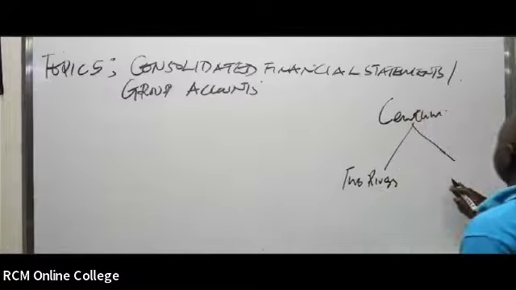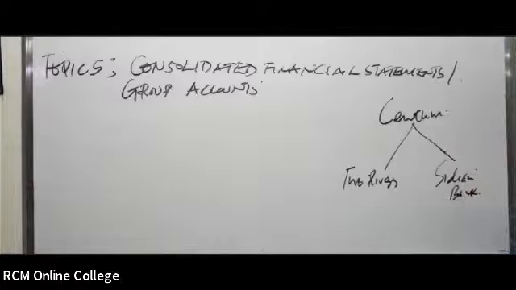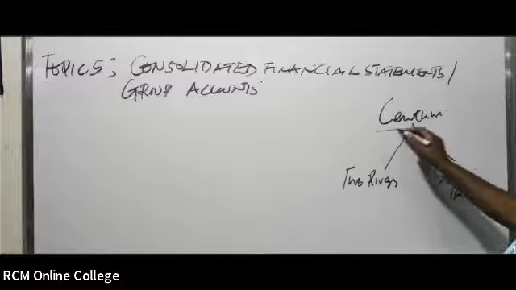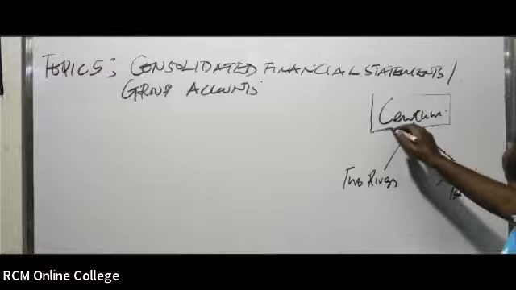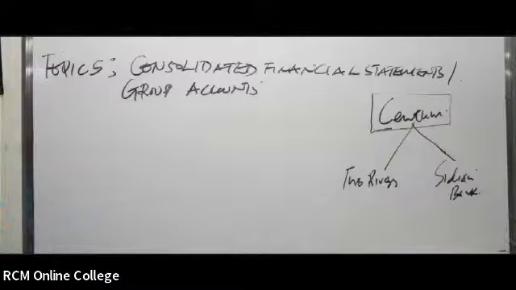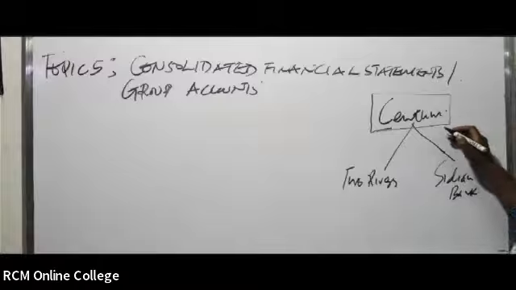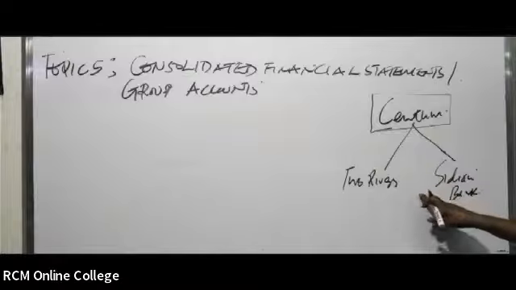The two rivers, we can have BLOZ Bank, amongst others. So you realize that this BLOZ, if it is a company, we say it is a legal person. You must have been told in your company law that there is a legal person that can own shares in these other companies.